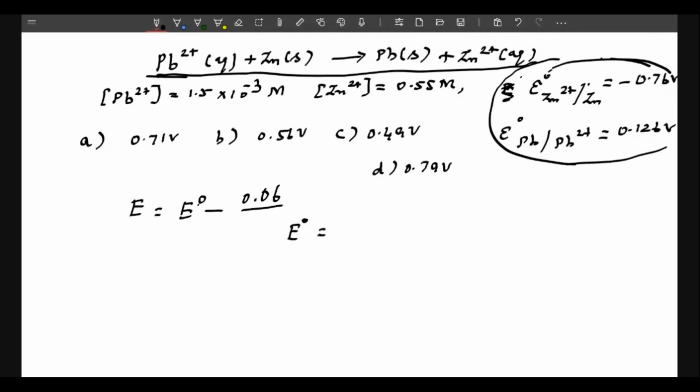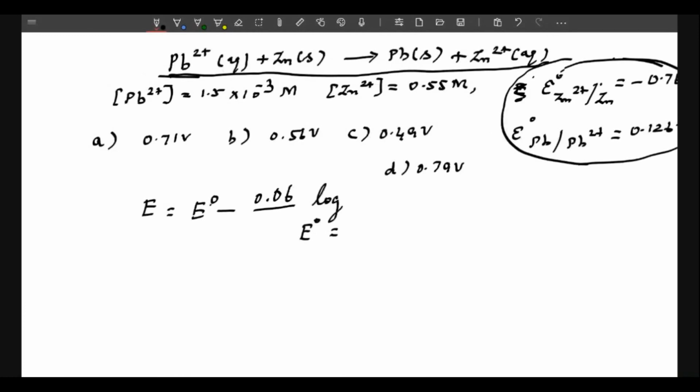2 electrons. Then into log of concentration of the products. Which concentration alone would you take into consideration for this problem? Zinc 2 plus alone. Lead is in the solid state, therefore activity is 1. Don't consider that one. Similarly, on the reactant side, you have to consider the concentration of lead 2 plus.